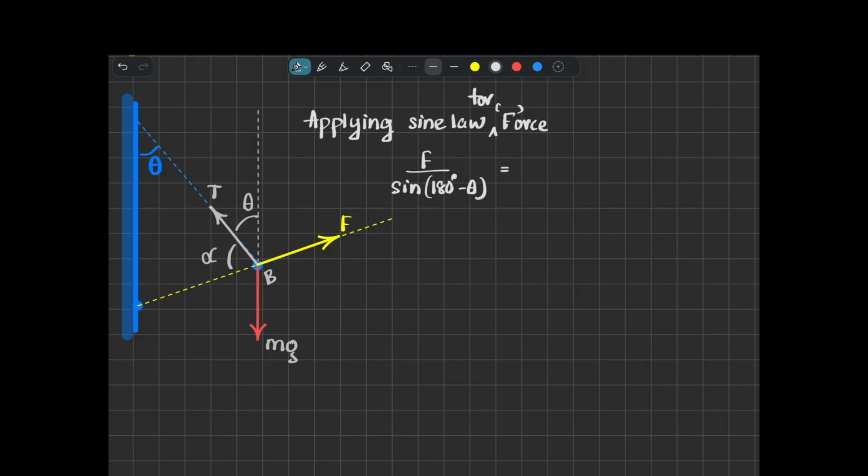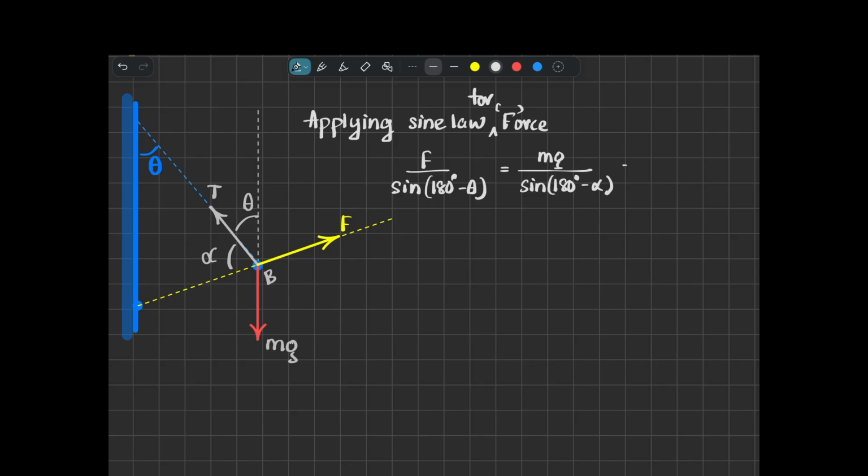equals, now this is mg and we have to write this much angle now. mg by sine of the angle between the other two forces. The other two forces are tension and F. The angle between them is this much, which we can write as 180 minus alpha, because this angle is alpha here. So the next term is mg by sine 180 degree minus alpha.